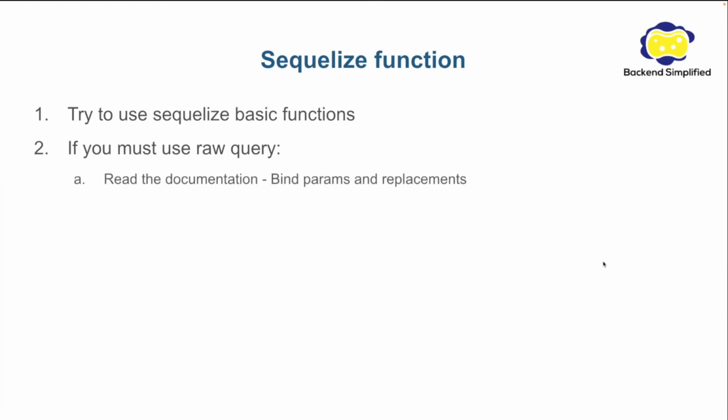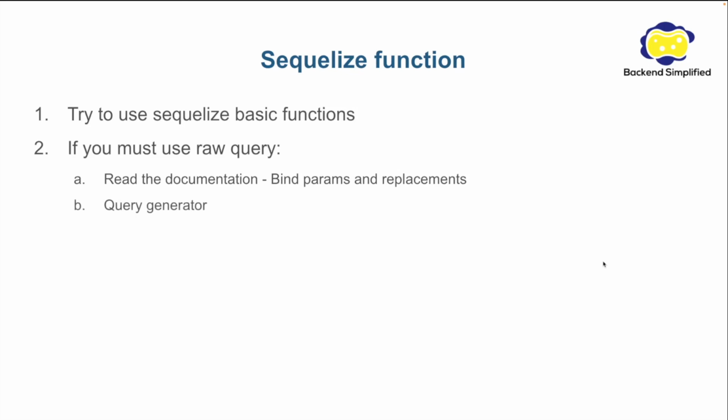First, read the documentation of raw queries in Sequelize. In the documentation, Sequelize recommends that you use bind params and replacements. These methods are much safer than just using the raw query. If you want us to make a video about it, please write us in a comment and we will explain more about it.